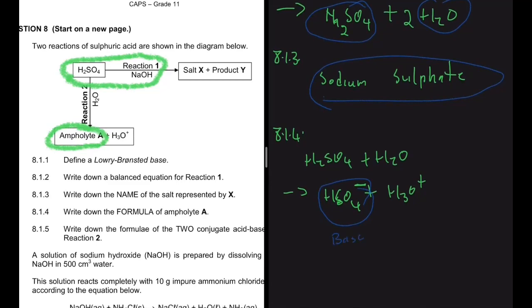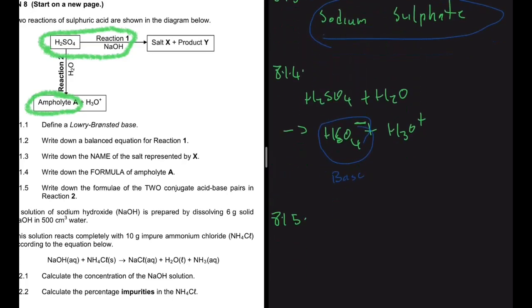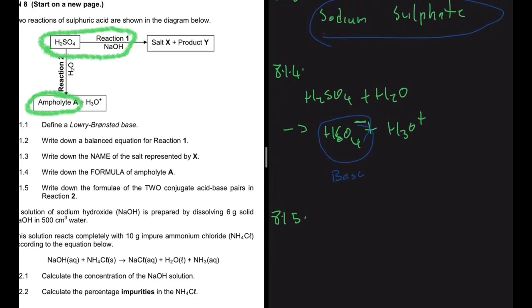And then let's move to 8.1.5. Write down the formula of the 2 conjugate acid base pairs in reaction 2. So we've already written down reaction 2, right? Let's just look for the acid base conjugate pairs. So H2SO4 is an acid, and then when it loses the protons, we get the conjugate base, right?